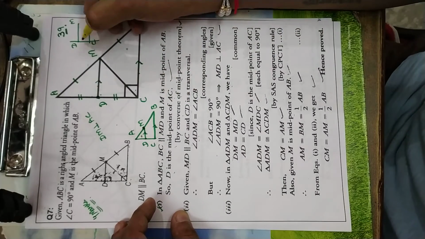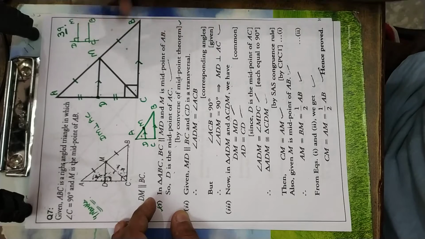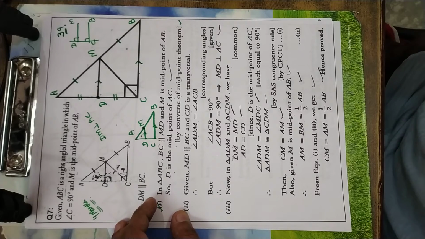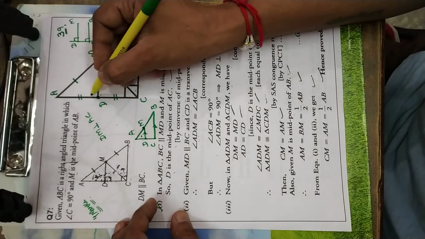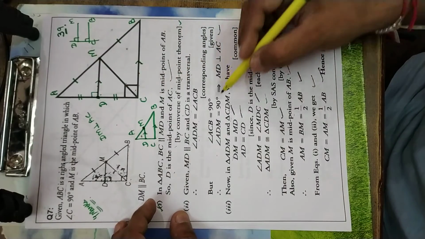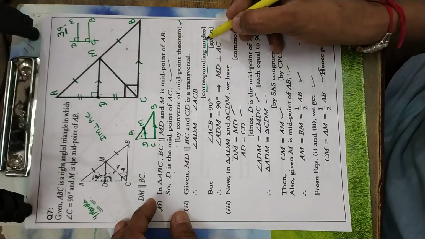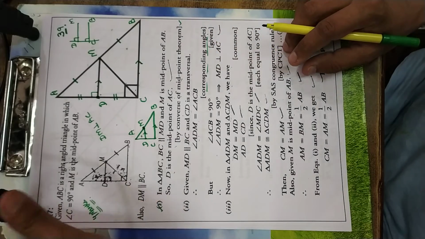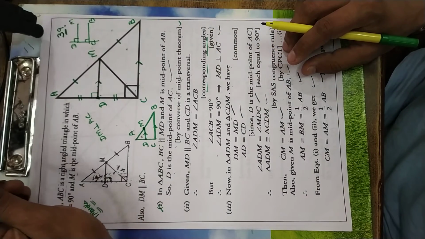Then their corresponding angles are equal to each other. If angle C is 90 degrees, then this angle is also 90 degrees by the property of corresponding angles.